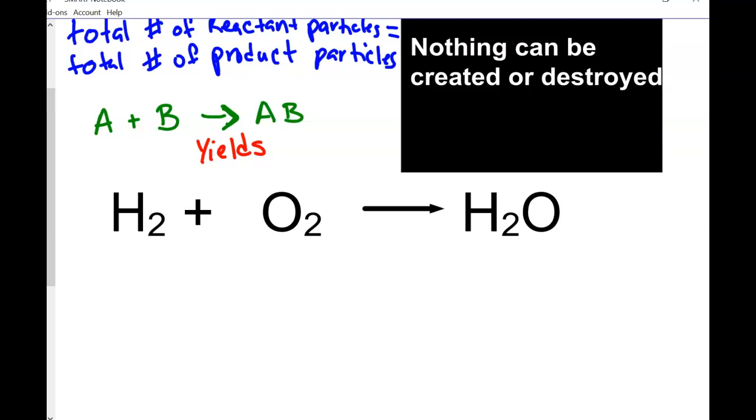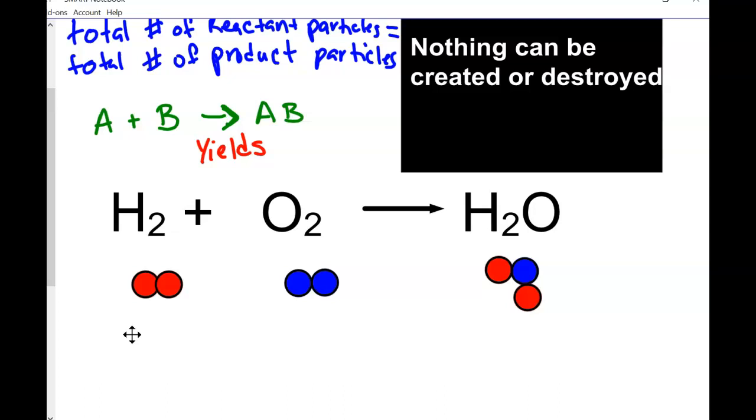But we have an issue here because this is not balanced. It is breaking the law. Oh no. So I have the particle diagrams down below. I'm going to represent my H2 and my O2 like this, and then my H2O is there on the right. And you'll notice that I am representing it bent.